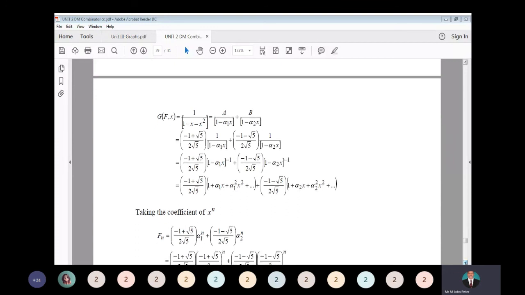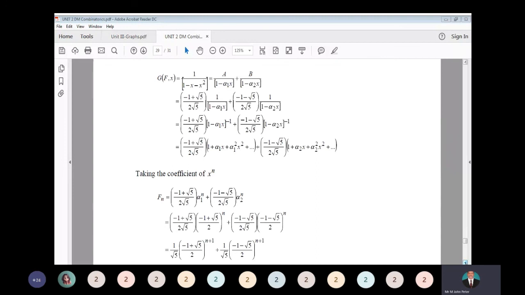Here they are using series. That is 1 minus alpha 1 x power minus 1. That means the 1 minus x power minus 1 concept. Expand it, you will get 1 plus alpha 1 x plus alpha 1 square x square plus alpha 1 cube x cube. Like that it will go. The second term similarly, you will get minus 1 minus root 5 by 2 root 5 times 1 plus alpha 2 x plus alpha 2 square x square plus alpha 2 cube x cube.